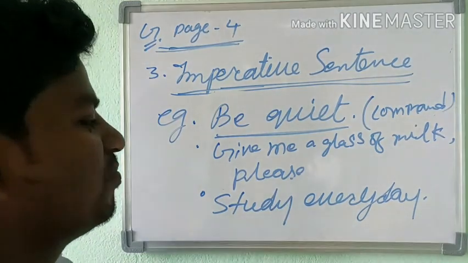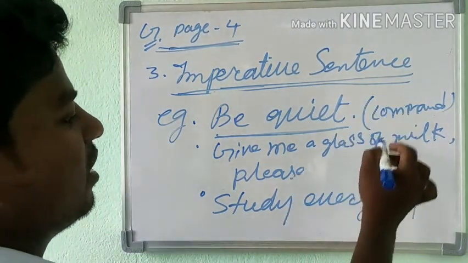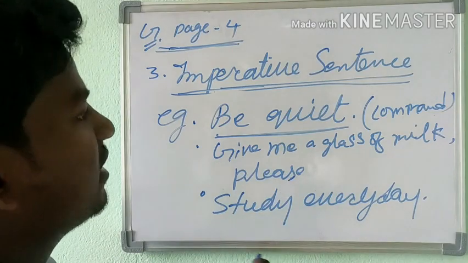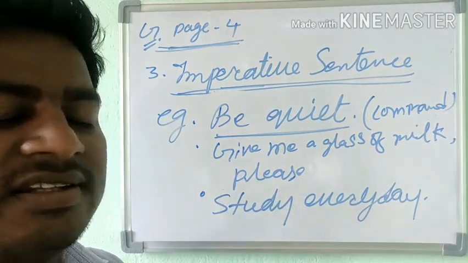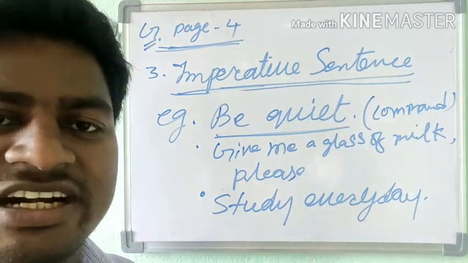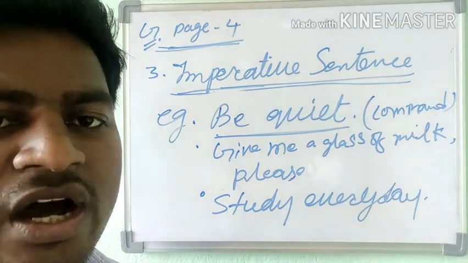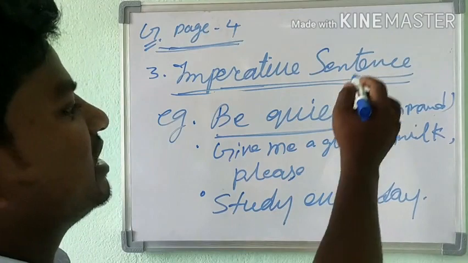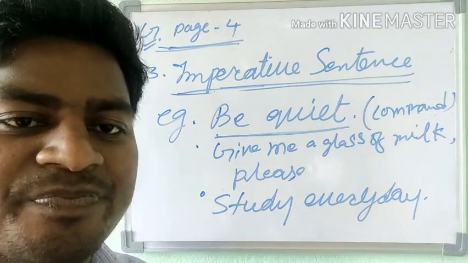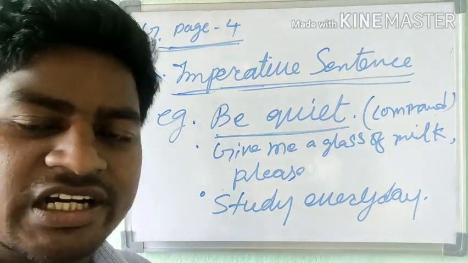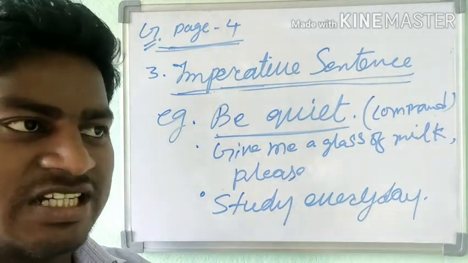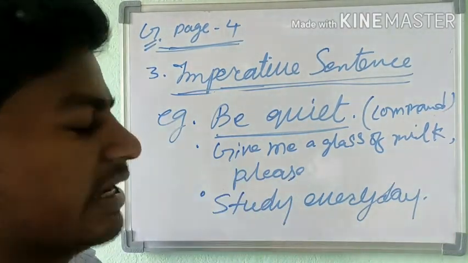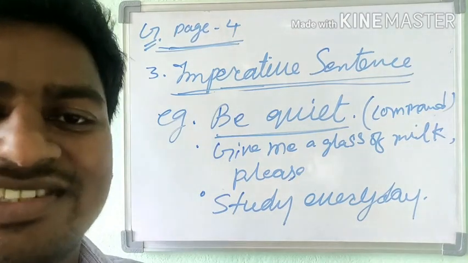So this kind of sentences are in the category of imperative sentences. In imperative sentences, there are three things we have to remember: command, advice, or request. These are the three forms of sentences in the category of imperative sentences.